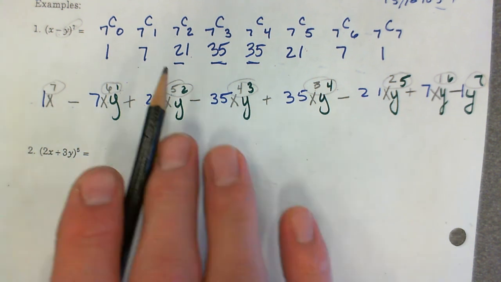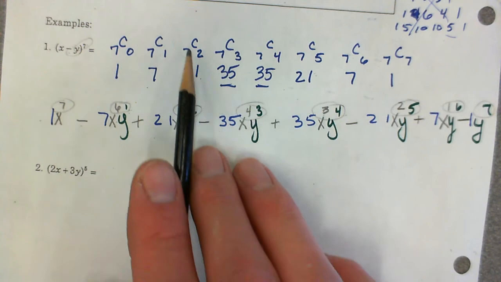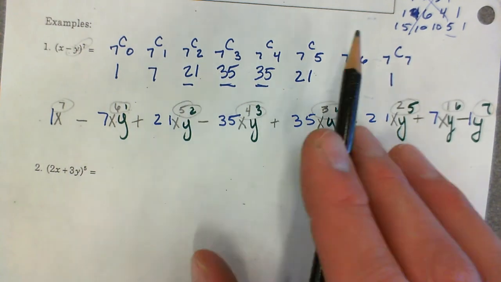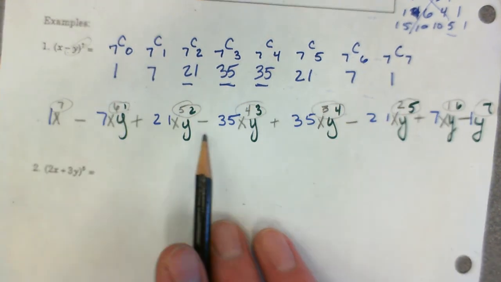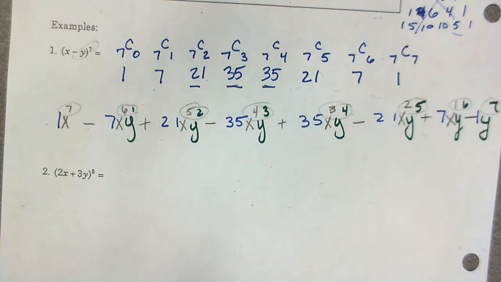That's a quick way of getting the coefficients using the idea of combinations, so you don't have to use the whole triangle, and then it's just a matter of filling out the terms. In the last video, I'll cover the last two problems.